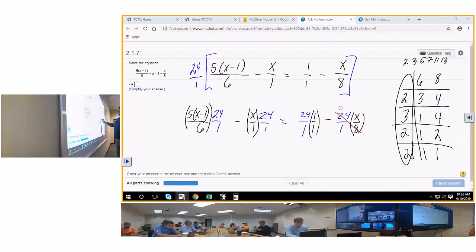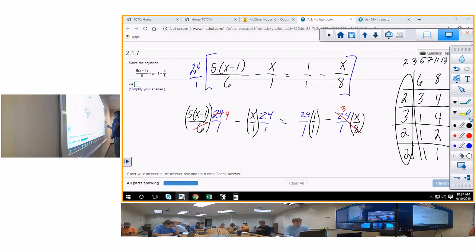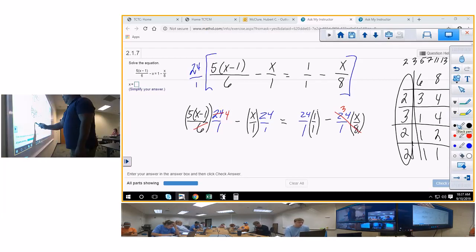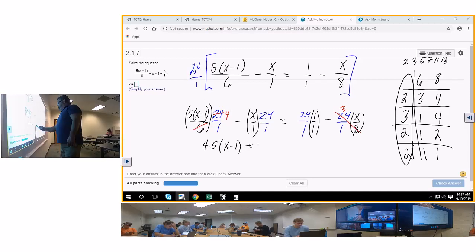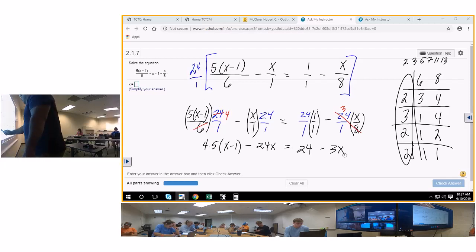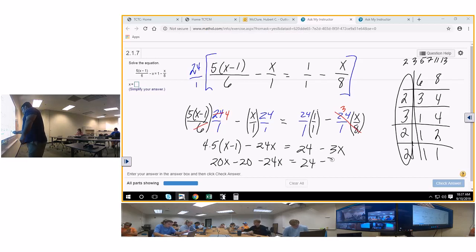That cancels to 3. And the 6 and the 24 cancels to what? 4. So now we got a good old Algebra 1 problem. 4 times 5 times x minus 1 minus 24x equals 24 minus what? 3. 3x. 20x minus 20 minus 24x is equal to 24 minus 3x.